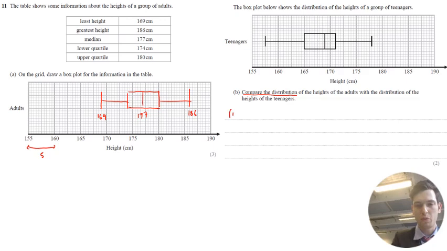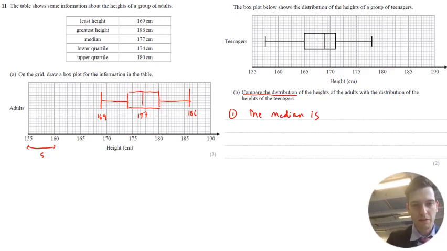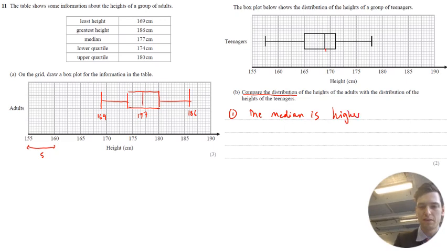First of all, we need to compare the median. So we're going to say the median. Well, the median is 177 for the adults. What is it for the teenagers? It's lower, it's 169. But all we need to say is the median is higher for adults.